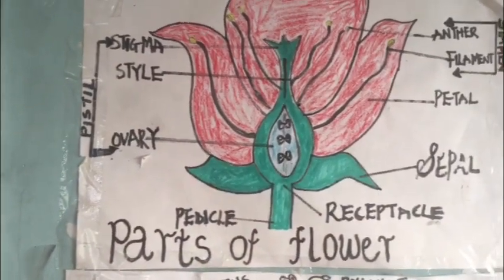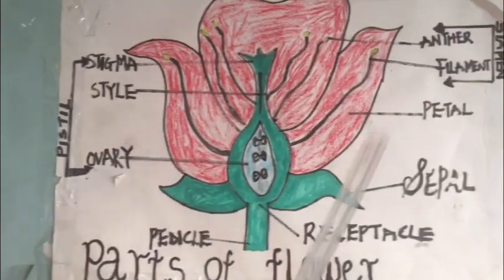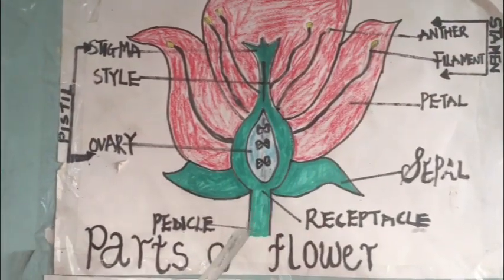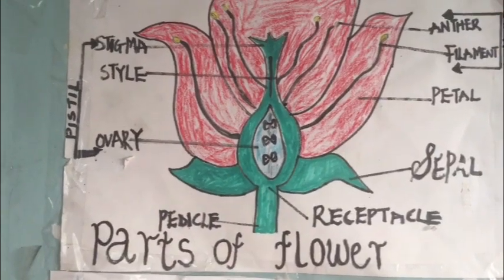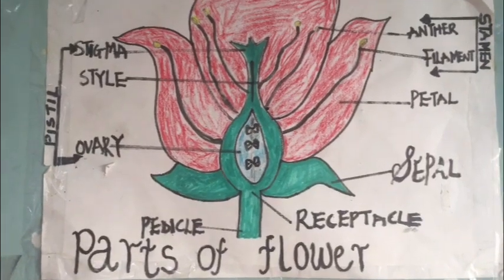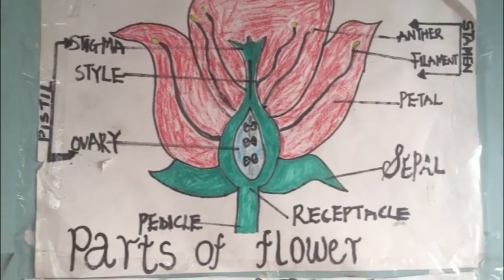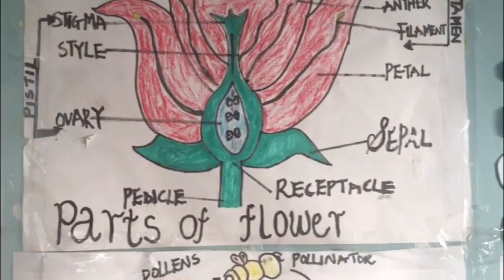Alright, now to the petal. You can see here on our diagram the petal. The petal is a part of the flower that has bright colors, and its function is that it attracts insects.